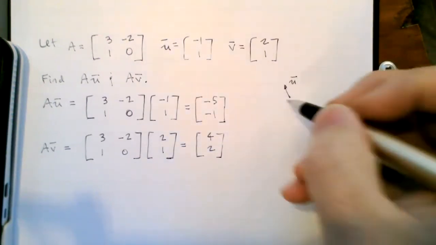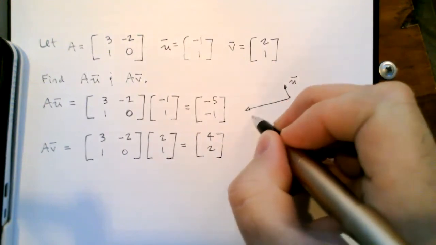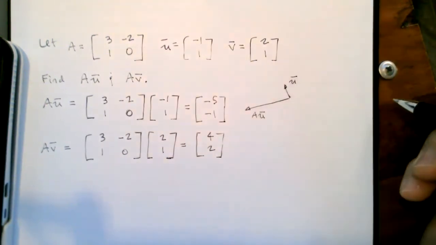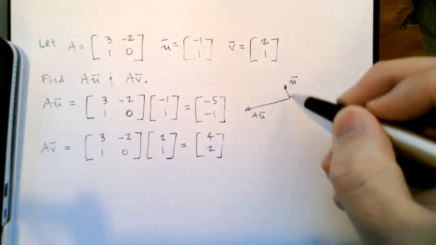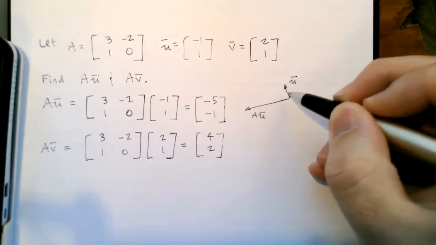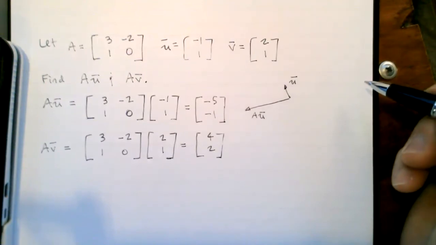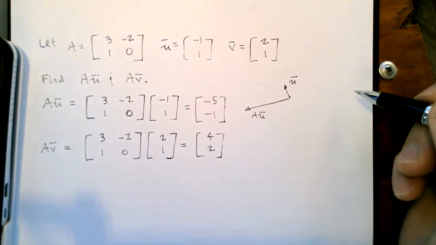But AU is going the direction -5, -1. So multiplying by A stretched the vector U, it's longer, and it also rotated it through some angle. We can calculate the angle, we don't need it right now.